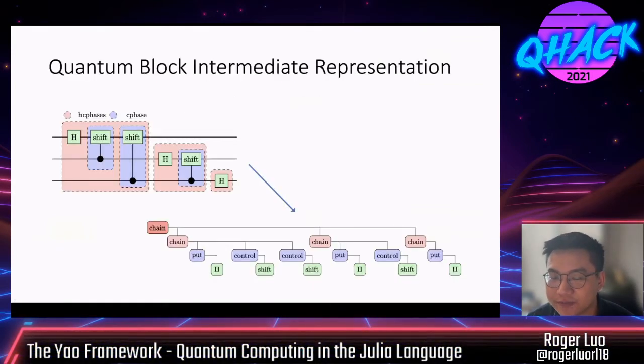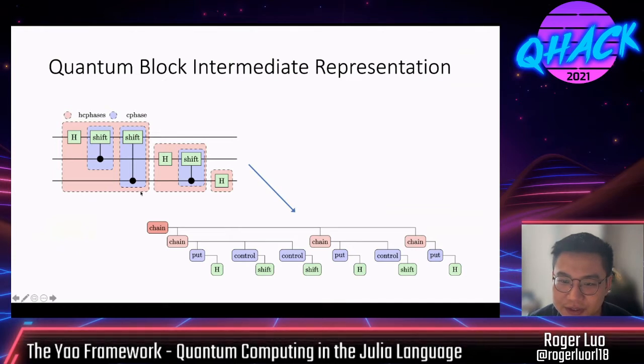The core functionality of Yao is built around an intermediate representation called the quantum block intermediate representation. The idea of the quantum block intermediate representation is quite simple. Here's an example of how a quantum Fourier transformation is represented in this representation.